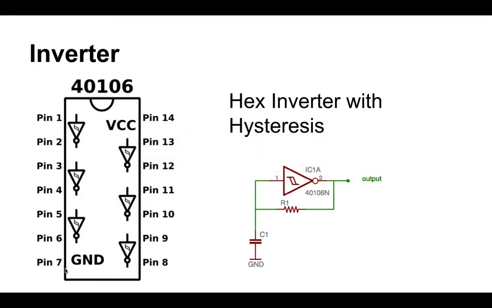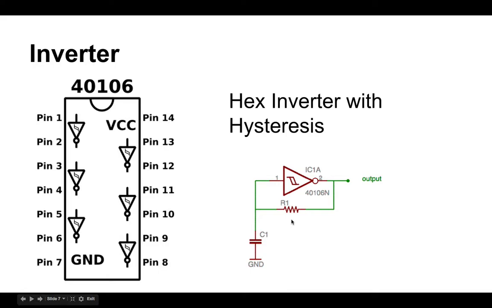Hex inverter with hysteresis basically means an inverter is going to put out the inverse signal of what goes into it, right? So if I were to just have a straight wire running from pin 1 to pin 2, I'd get an oscillator on like a megahertz level. I wouldn't be able to hear it, right? So the way to hear this is I set up a resistor and a capacitor to slow down the oscillation, right?